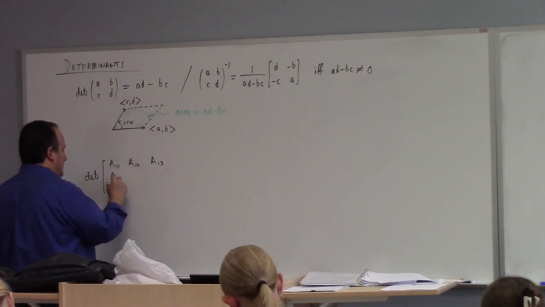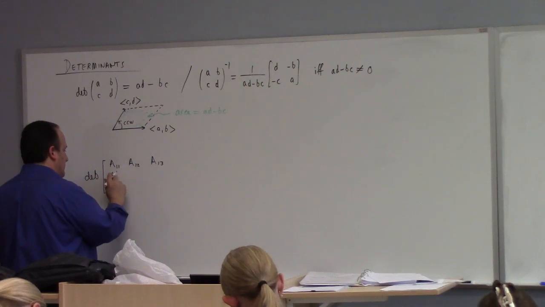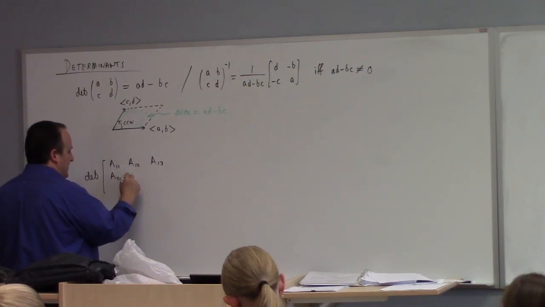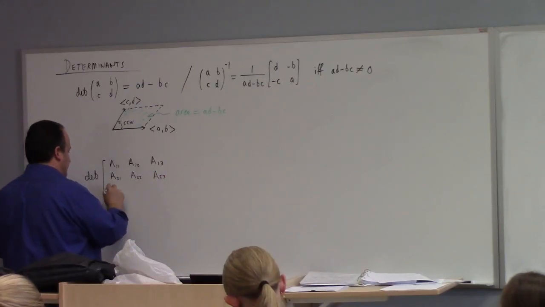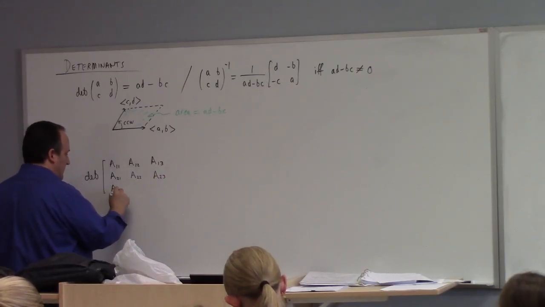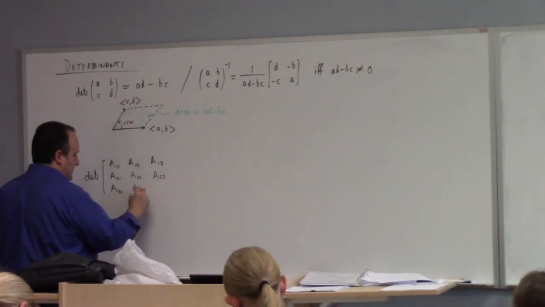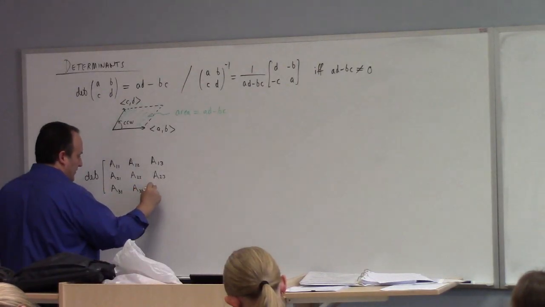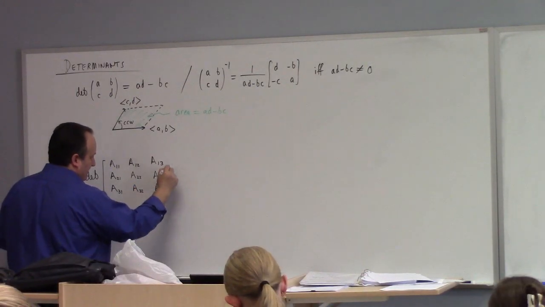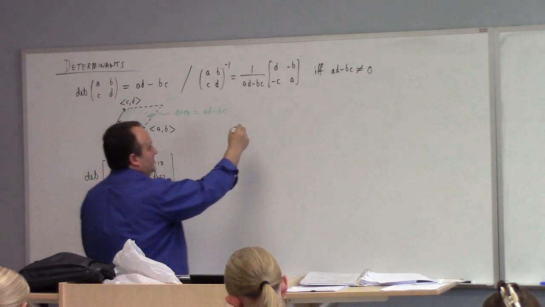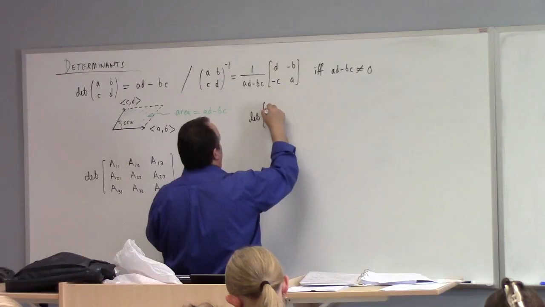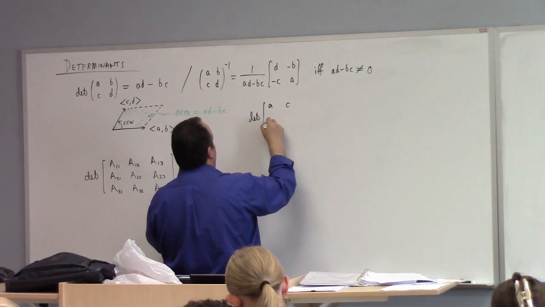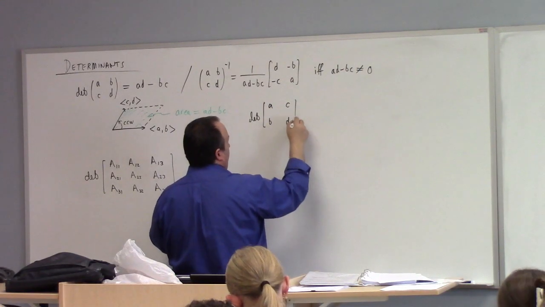What if we transpose the determinant? Would that change anything? I mean, the matrix that we're taking the determinant of. Yeah, look at it. It wouldn't change it, would it? If you calculate the determinant, notice that the determinant of the transpose would be A, C, B, D, right?